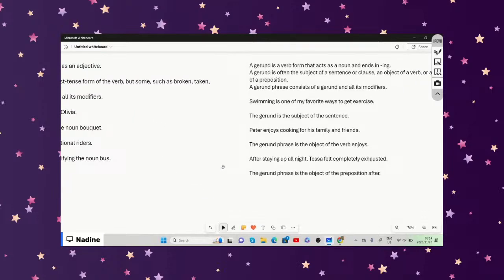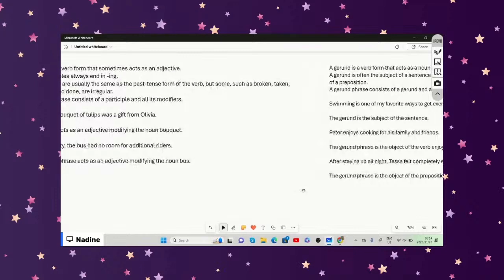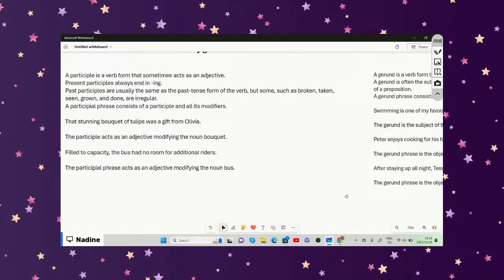A participle is a verb form that sometimes acts as an adjective, and the present participle always ends in ing.